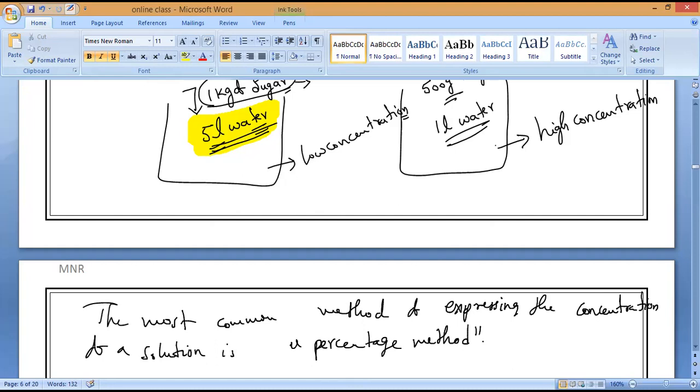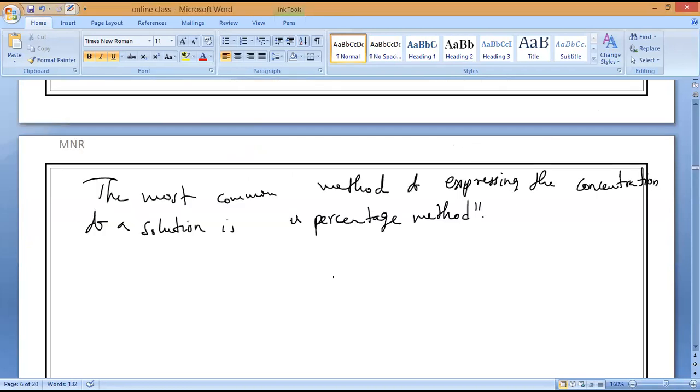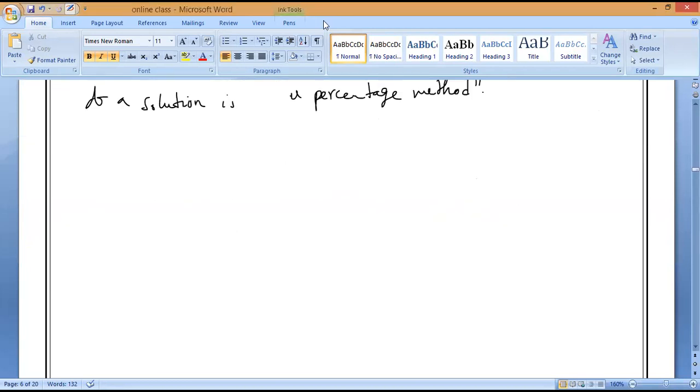Everybody, please respond. Now, the percentage method of expressing the concentration of a solution refers to the percentage of solute present in the solution. What does it refer to, guys? Somebody is making noise. Mr. Omar, you.